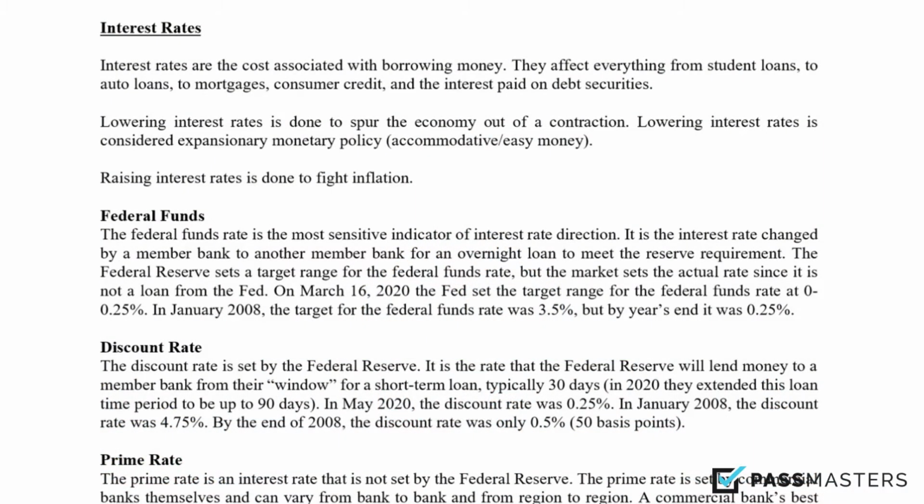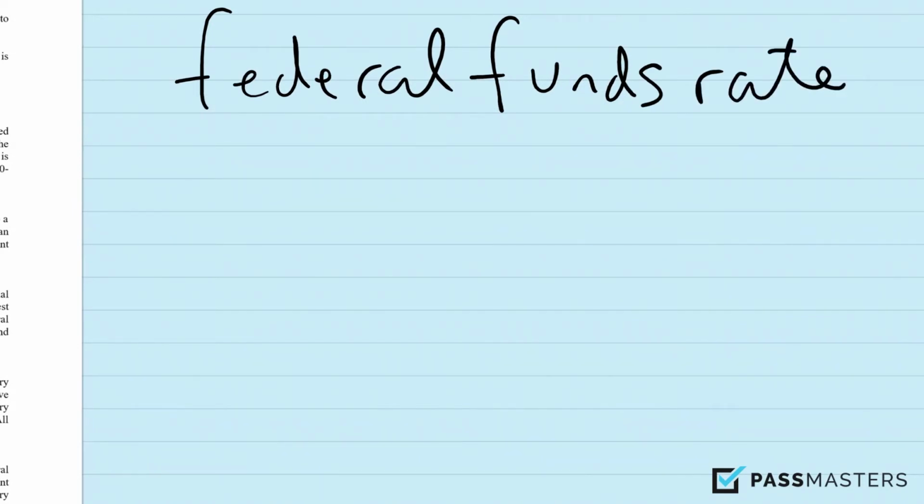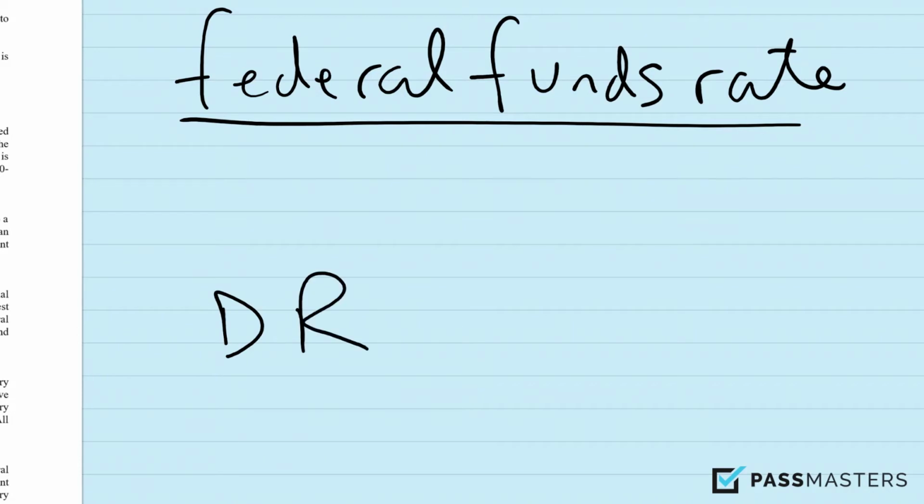The Federal Reserve is in charge of some interest rates. The test wants you to feel comfortable with three major interest rates. The most sensitive indicator of interest rate direction is called the federal funds rate. Always a test question: the rate that the Federal Reserve will charge a member bank for a loan is called the discount rate.